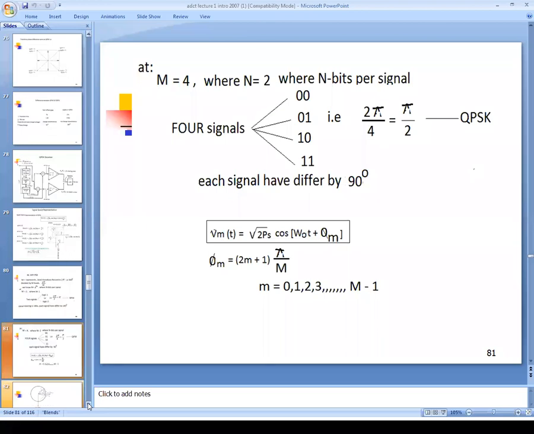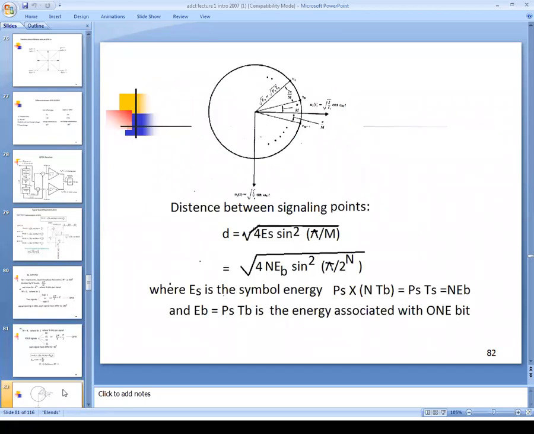So this is one of the examples of M-ary PSK. In the previous QPSK, M is equal to 4, so 4 signals are there. Each signal differs: pi by 4, 3 pi by 4, 5 pi by 4, and 7 pi by 4.